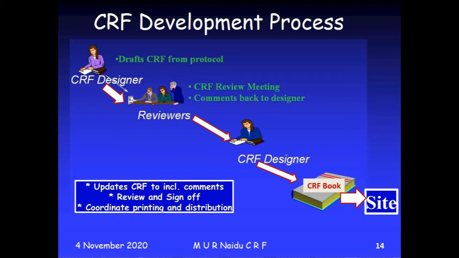Update of the case record form includes comment, review and sign off. Every final case record form should be signed off, and then once it is prepared, it is coordinated for printing and distribution. So this is the entire procedure of the development process of the case record form.